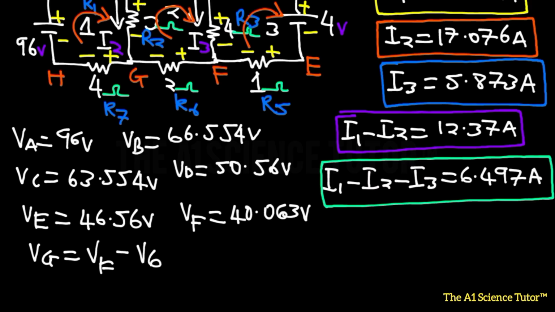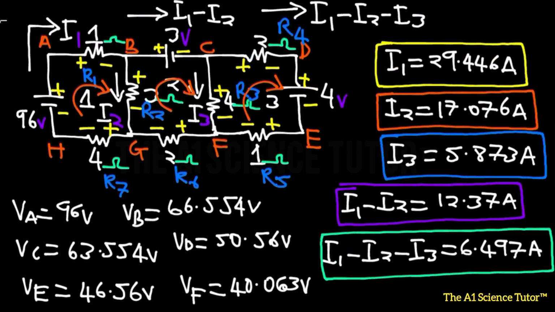Now V6, remember I told you that this is actually a parallel half of the parallel half above. Because we have I1 minus I2 going through that parallel half, that is pretty much going to be the same thing that goes through the 6th resistor. Now I1 minus I2 is represented here, 12.37 amps.